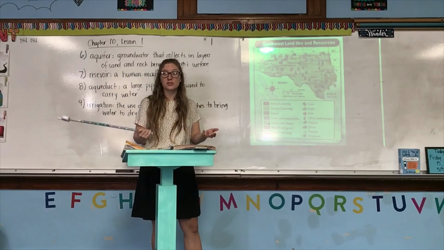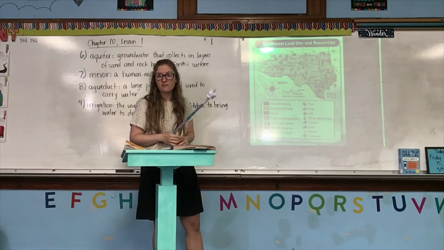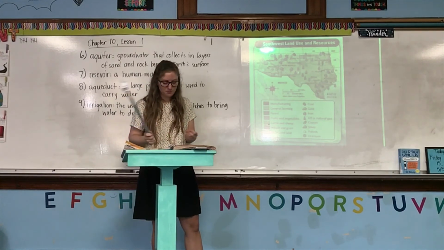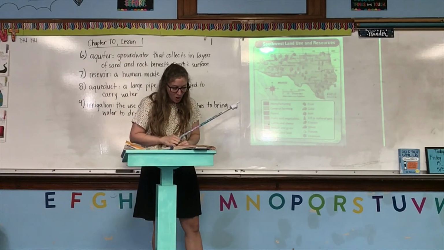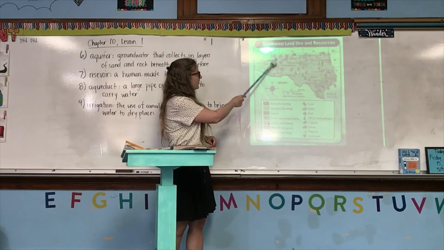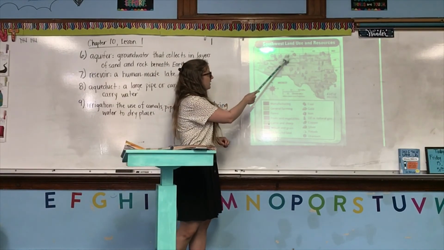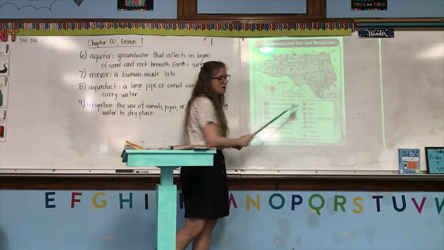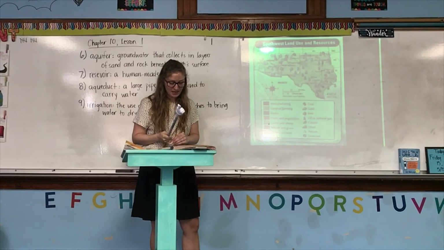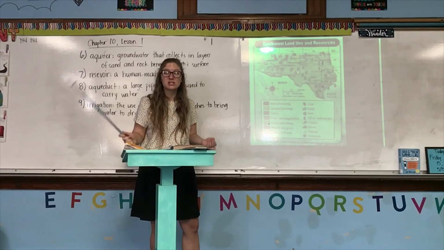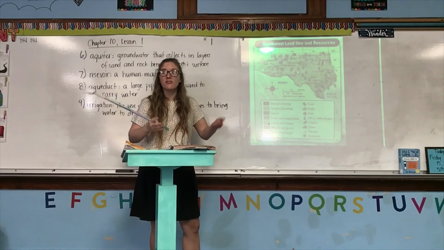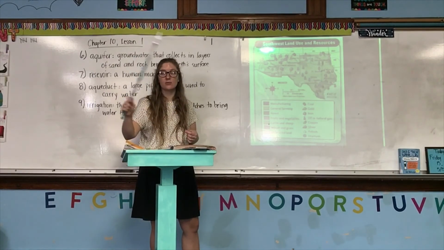Remember, factories need people, so most of the manufacturing goes on in and around big cities. We don't see too much forest. We do see some forest land over here, and a little up here, and then a little over here. But other than that, there's really not much forestry going on in this area. Again, because we know most of it is really too dry for there to be big forests like we've seen in the rest of the country.